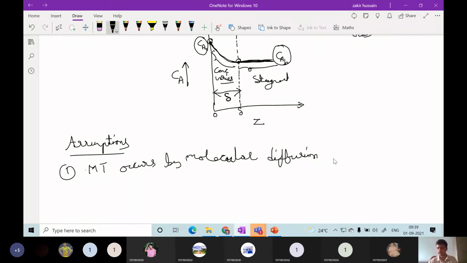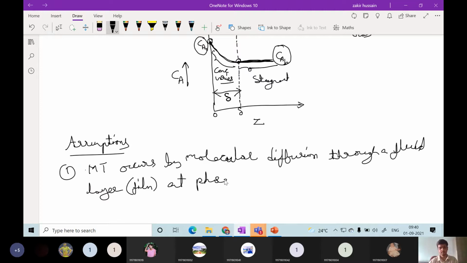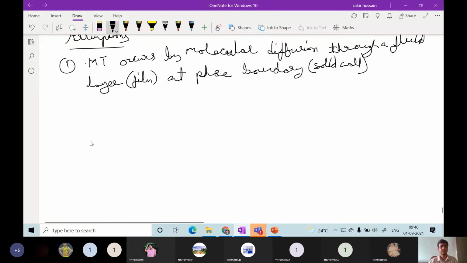Mass transfer occurs by molecular diffusion through a fluid layer, or this fluid layer can be called a film, at the phase boundary, or we can call this the solid wall. One fluid layer will be formed, which is called the film. Mass transfer will occur throughout this film. That is the first assumption of this film theory.